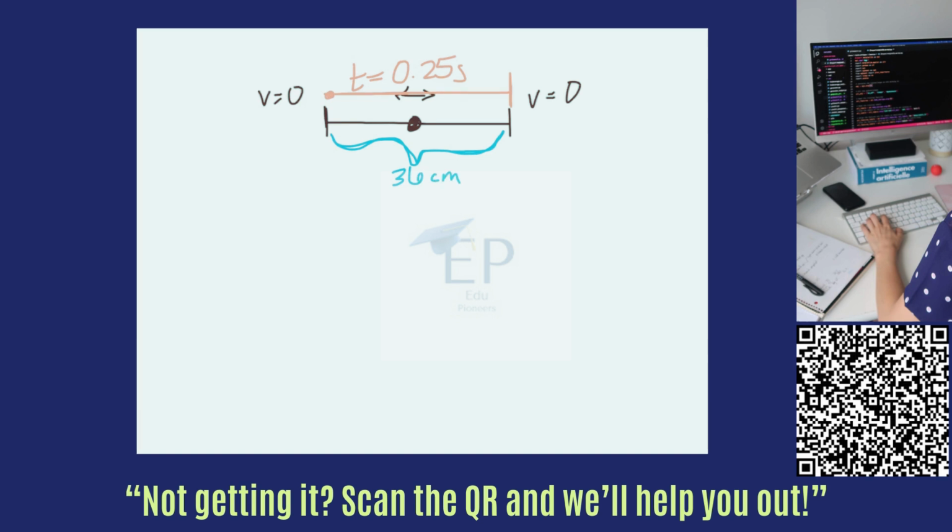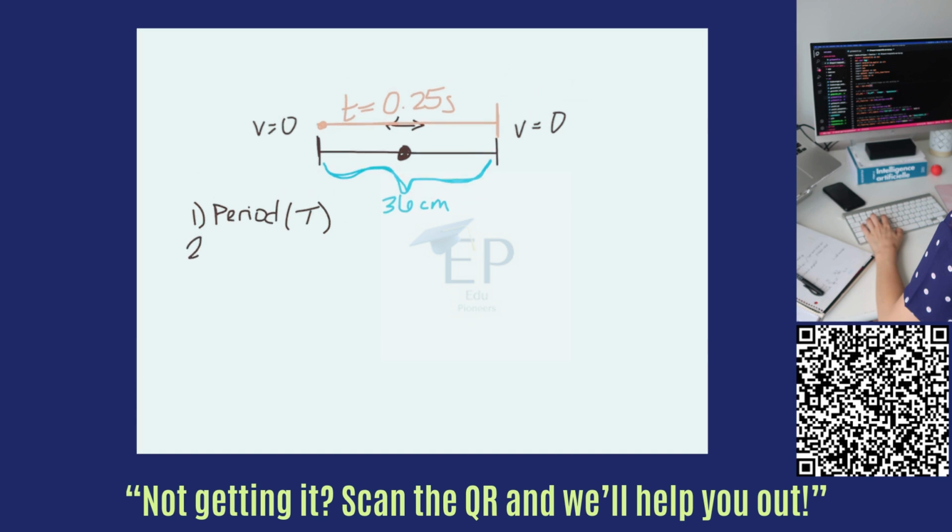We are then asked to find 3 pieces of information. The first piece of information we're asked to find is the period, which has the variable T. And the period is how long it takes for the object to oscillate one full cycle. The second thing we're asked to find is the frequency.